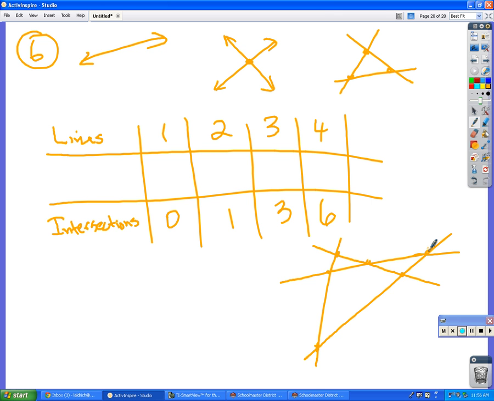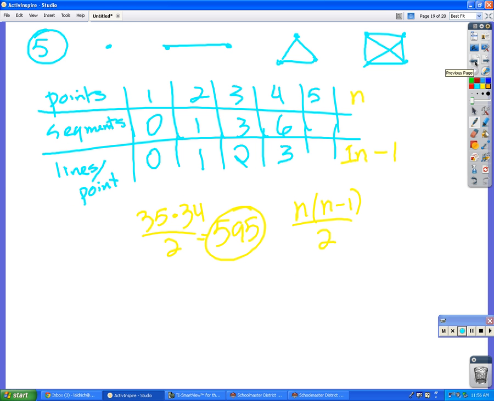So it still works out. Guess what? 1, 2, 3, 4, 0, 1, 3, 6. Exact same pattern. So that means we're going to have the exact same formula, right?